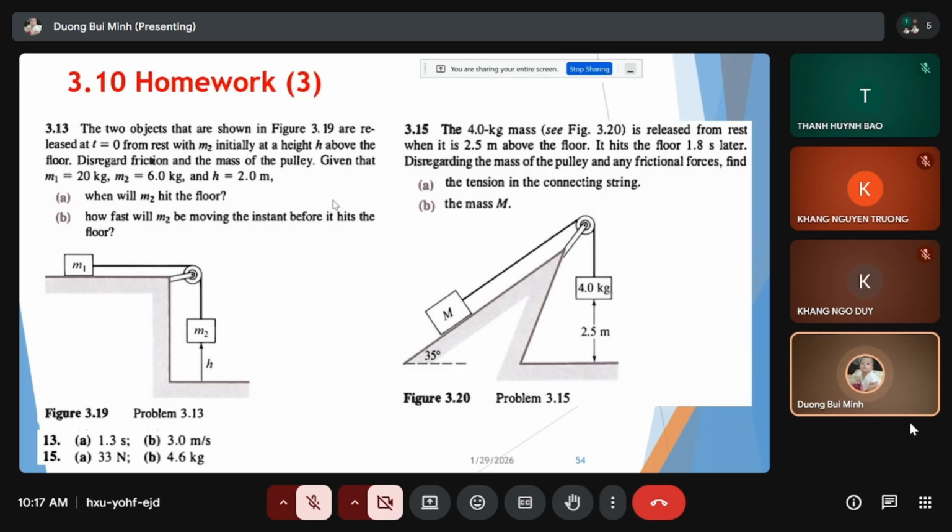We have a pulley like this, okay? And here we have 4 kilograms, okay? And they give us the distance, 2.5 meters. Yeah.